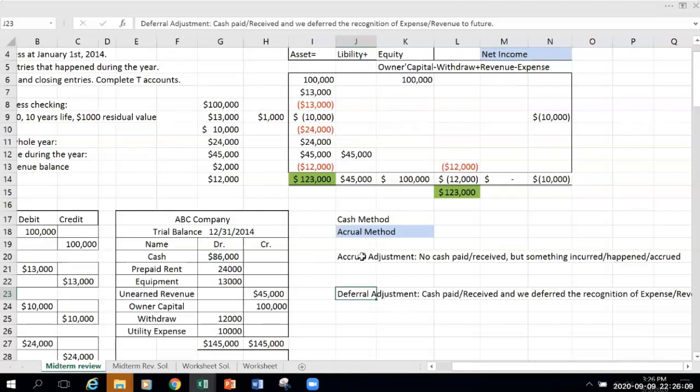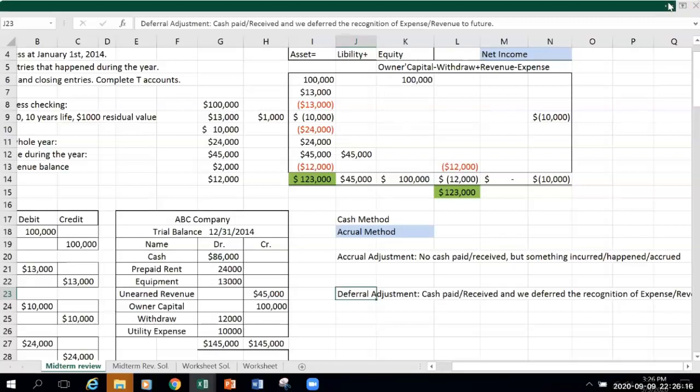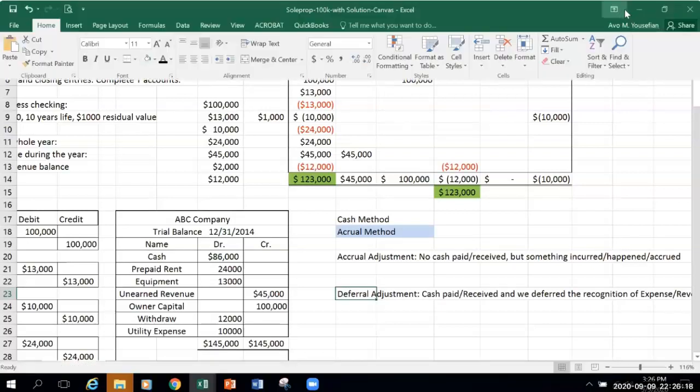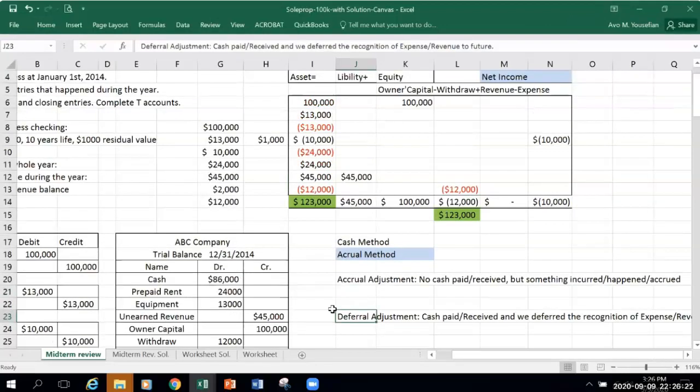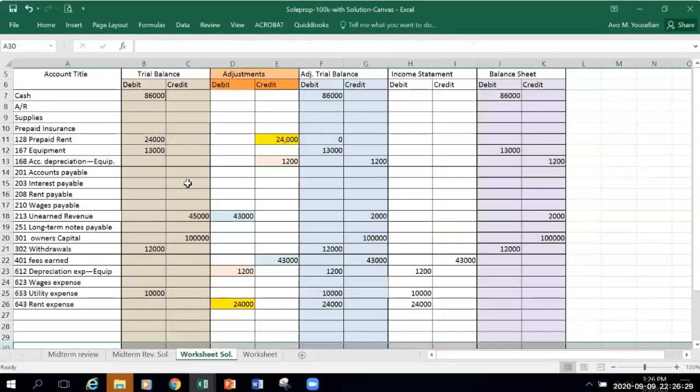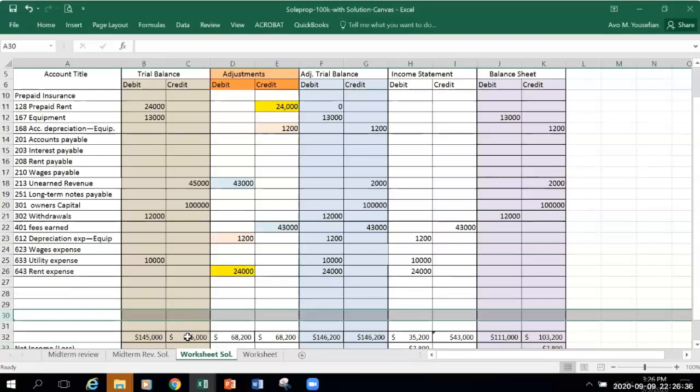So based on those types of adjustments that we normally need to do at the end of the year, we go back to the worksheet. As you see in the worksheet, we have our trial balance with complete balances at the top. Both sides are equal.